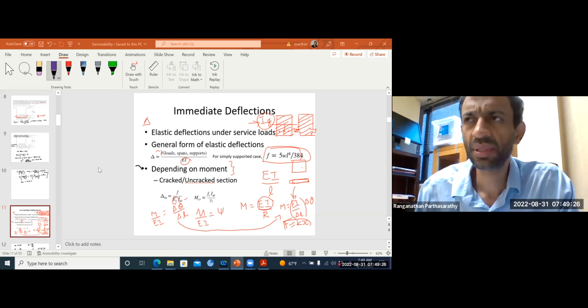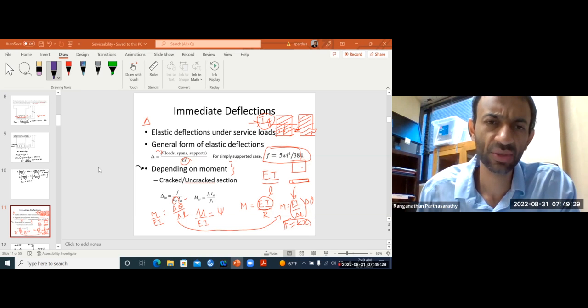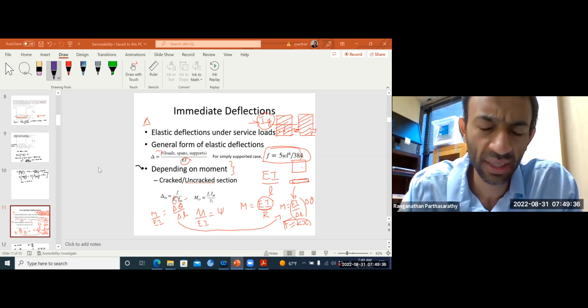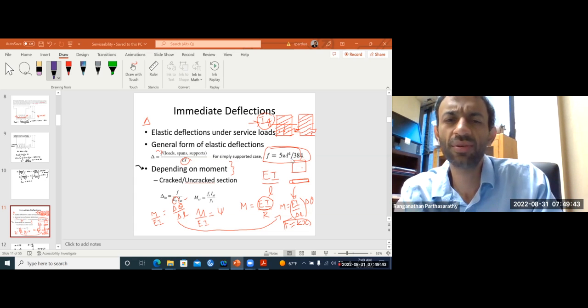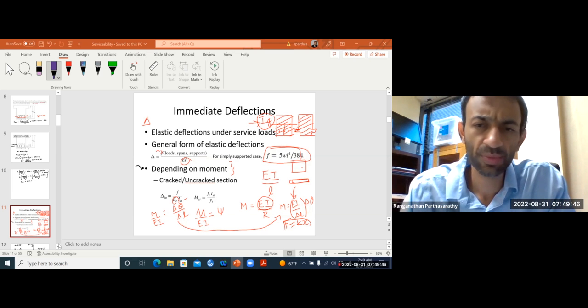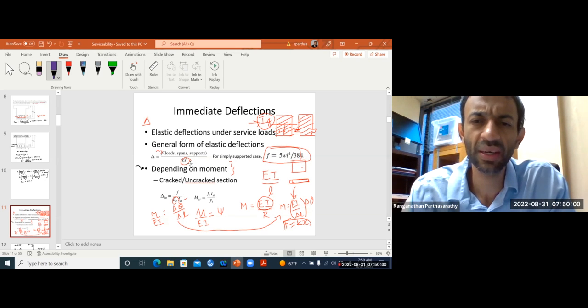So we basically have two deflections. One is immediate or elastic deflection, and the other is the long-term deflection or creep. So we said from your basic mechanics of materials, you can obtain a formula for deflection. That is usually of the form, for example, for the simply supported case, you have the deflection at midspan to be 5 over 384 WL to the power 4 over EI, right?